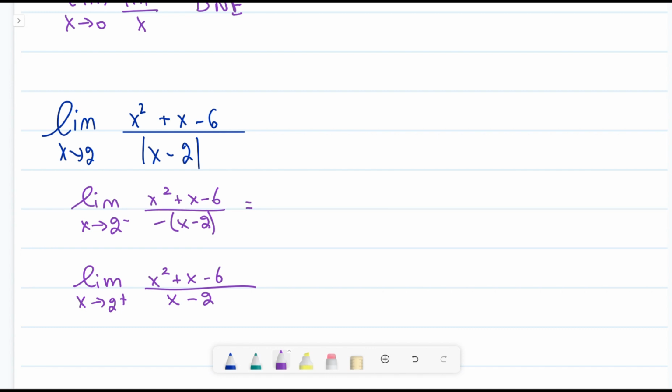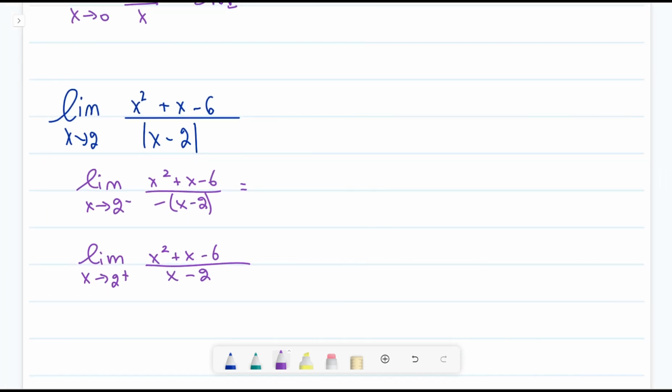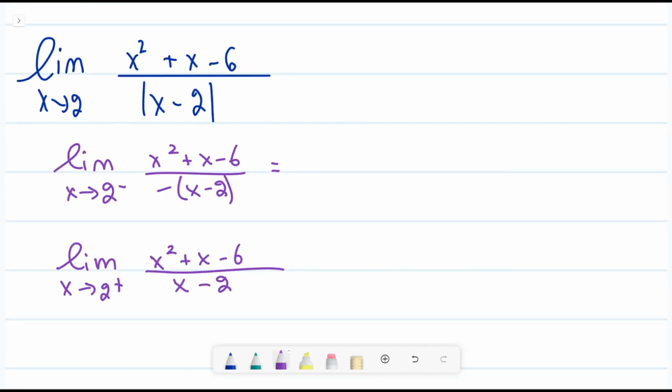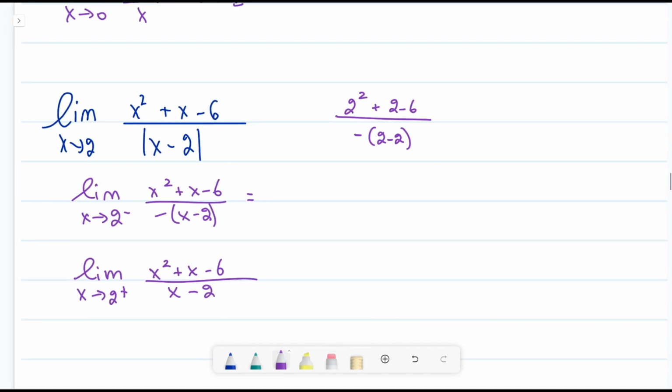So, again, you can always plug in if it helps you. And you might notice immediately that 2 is not in the domain. So plugging in will not give you the right answer, but let's try it. If we plug in, we will get 2 squared plus 2 minus 6 over negative of 2 minus 2. That's for the left-hand sided limit.